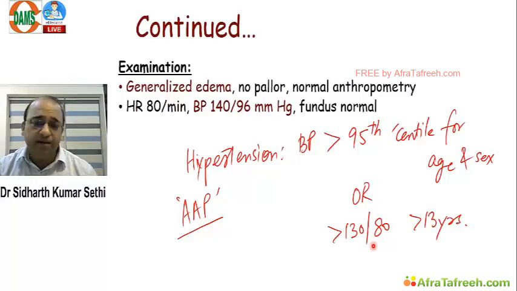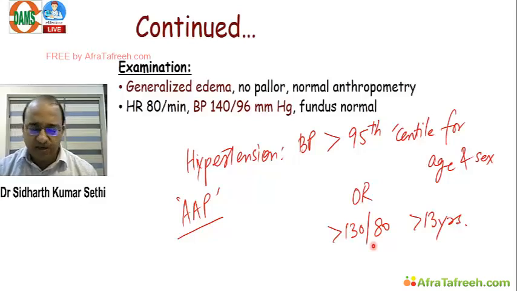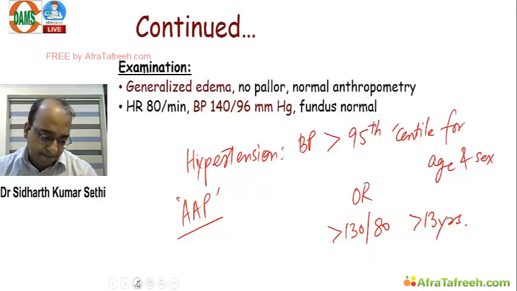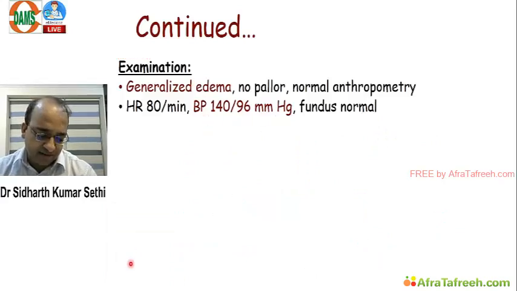Adult guidelines said hypertension is more than 130/80. So in pediatrics also, as per adults, for more than 13-year-old, I say 130/80. Coming back, this child is clearly hypertensive and edematous.